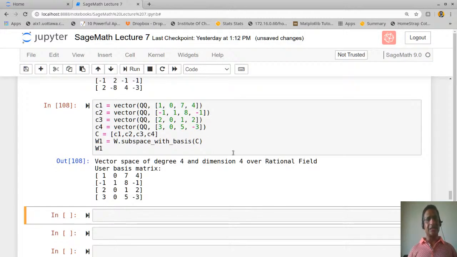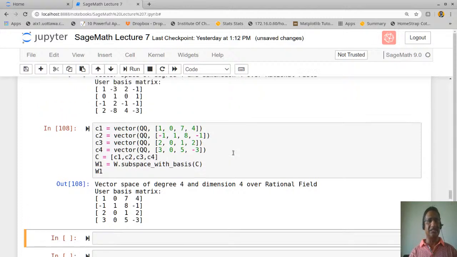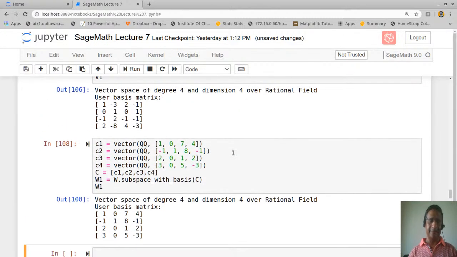So we have defined subspaces of V and W, which we call v1 and w1, with given bases on the domain and codomain. The domain basis is D, the codomain basis is C. Now how do I find the matrix with respect to this basis? Of course, you must have already known how we can do this.